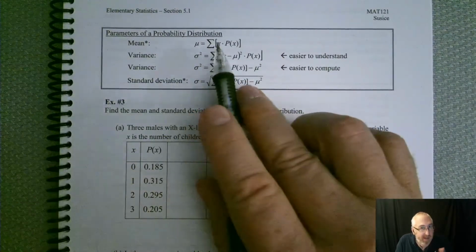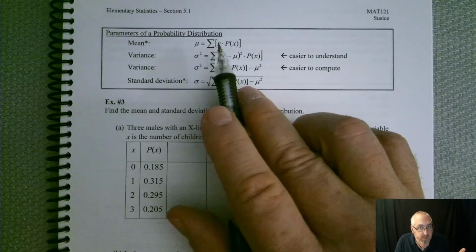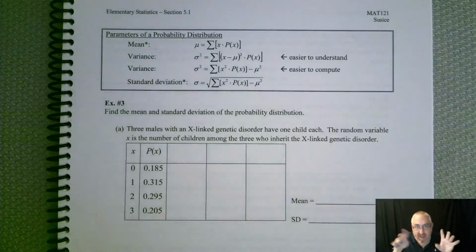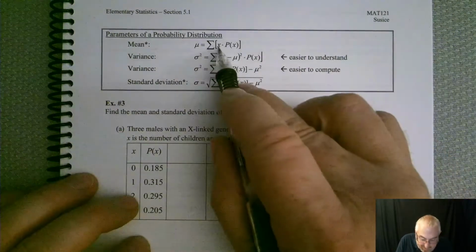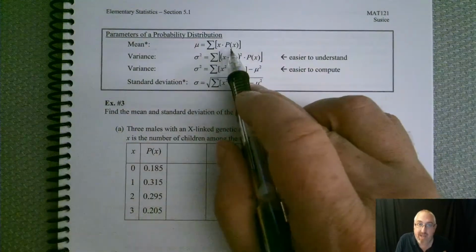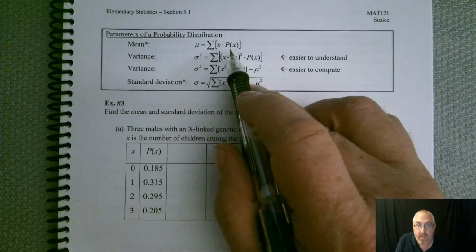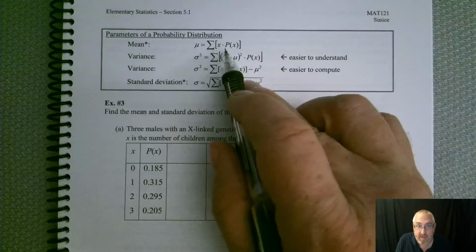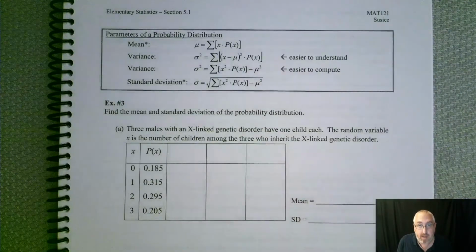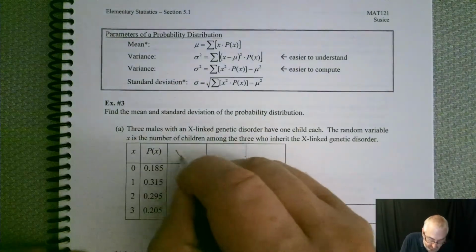But remember back in the frequency distributions, when we had f's and x's and we had f times x and all those different things at the top of those columns in our table, a lot of those things we just added up. It's the same thing here. This x times p of x is essentially a title in your table. They're going to want you to add up that column with this title. And it turns out it's the very first one.